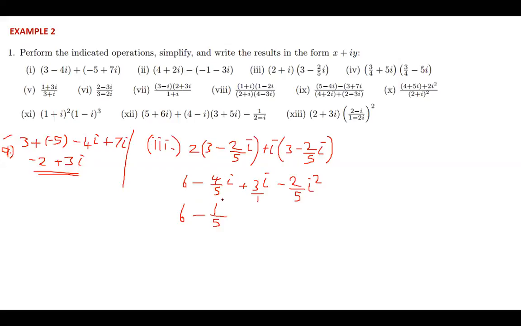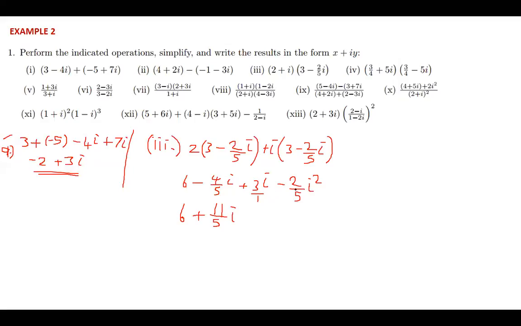Oh, sorry, not that. Negative 4 plus 15, you get negative 11. Sorry, it's going to be positive since the biggest number is the one that is positive there. So you get positive 11i over 5.